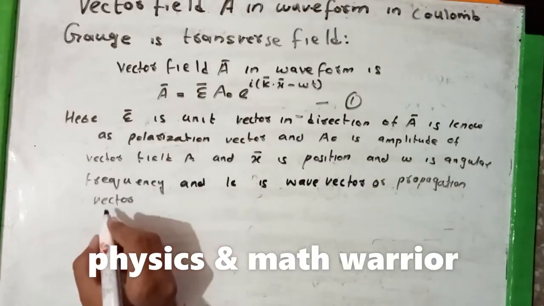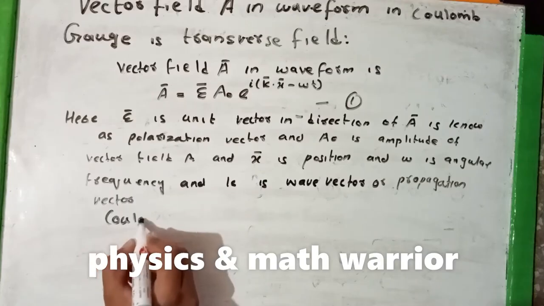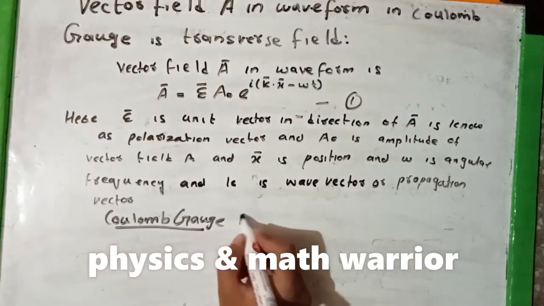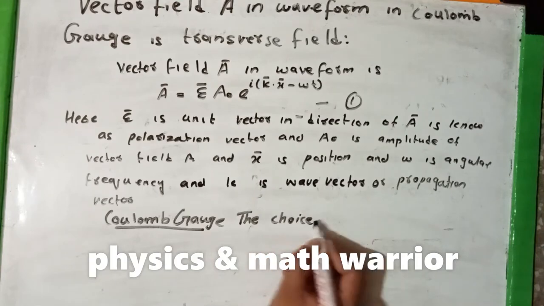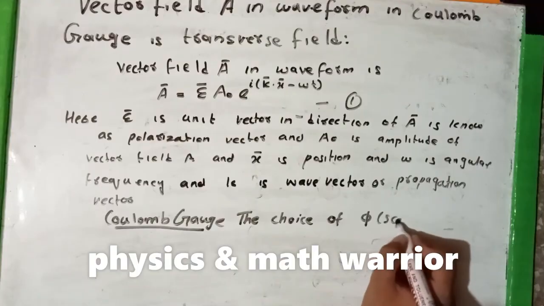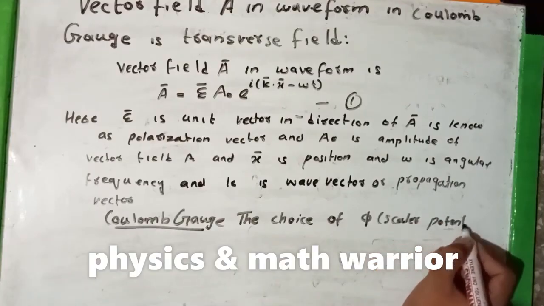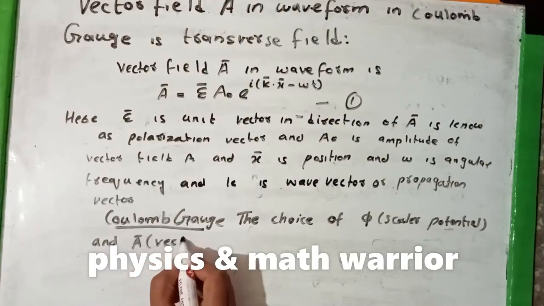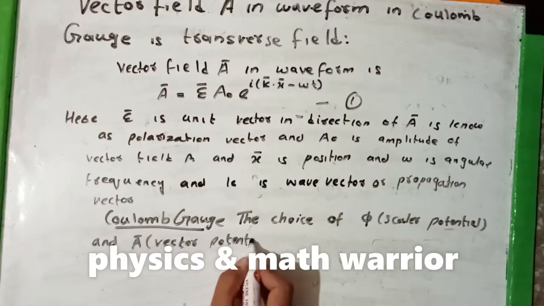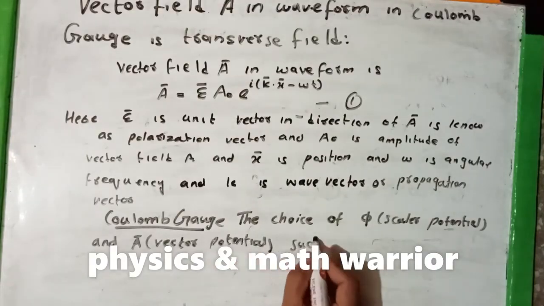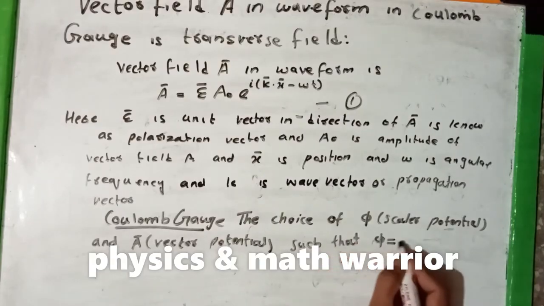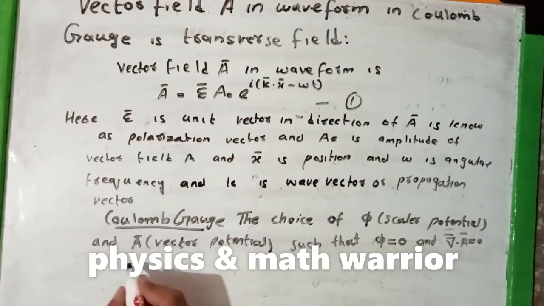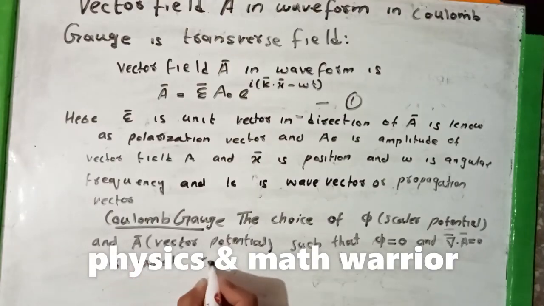First of all, what is Coulomb gauge? The choice of scalar potential and vector potential such that phi is equal to 0 and divergence of A is also 0 is called Coulomb gauge.